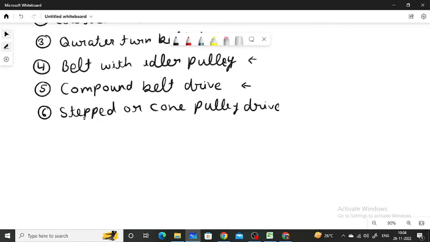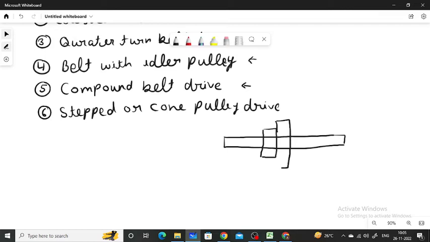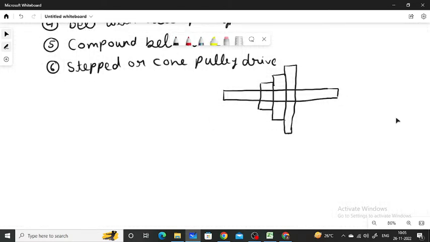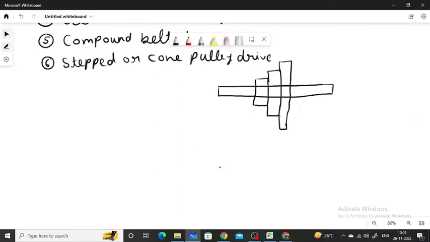Now, in stepped or cone belt pulley drives, shafts are parallel to each other, having pulleys with different diameters attached to each other.